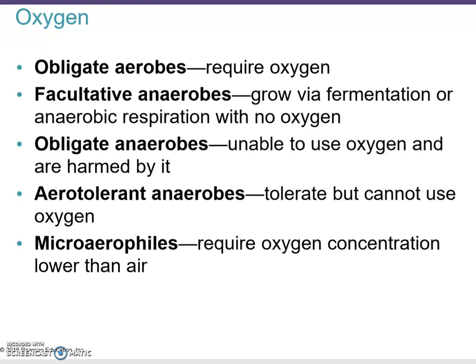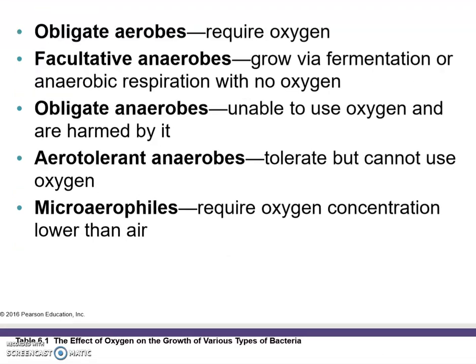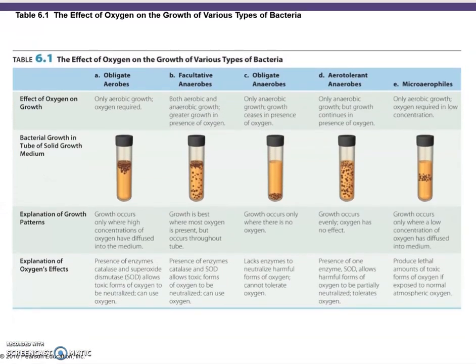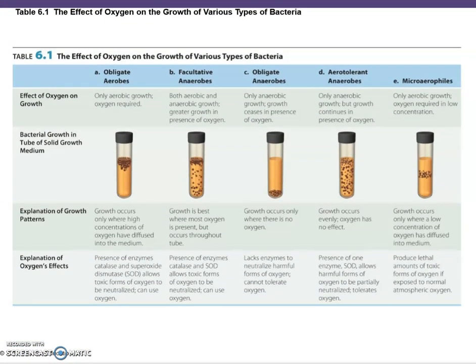The microaerophiles, they require a little bit of oxygen, but not as much as you would find in the air, and so they'll kind of hide out in an environment where there's a little bit of oxygen, but not that much. So here are the different oxygen requirements that you find in bacteria.